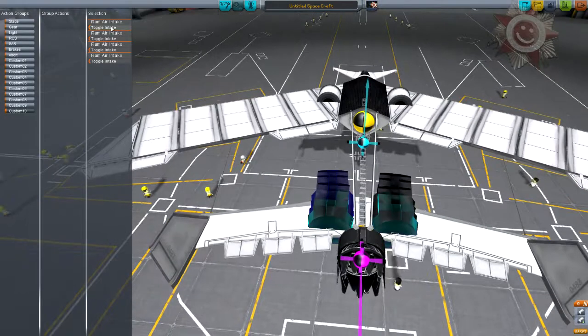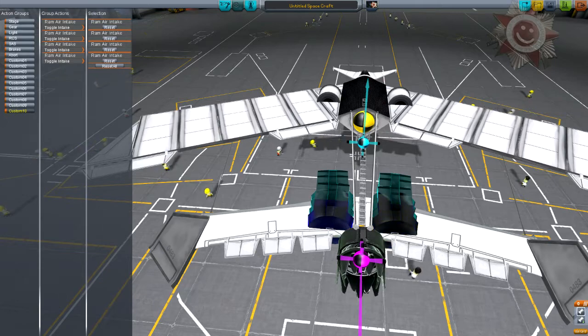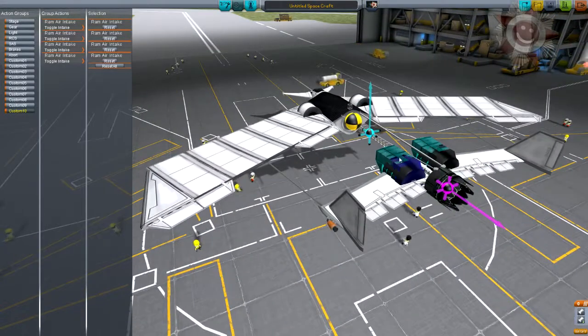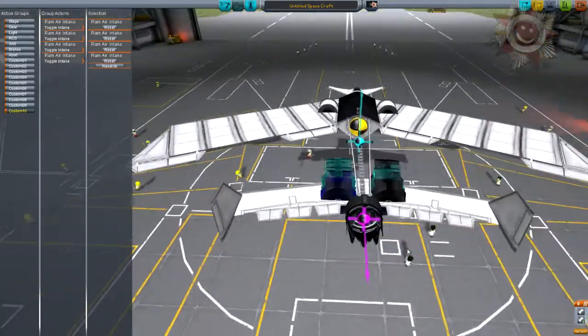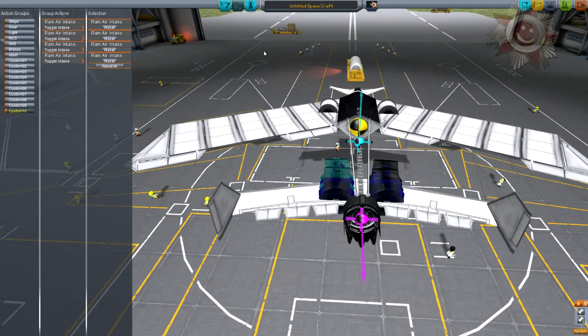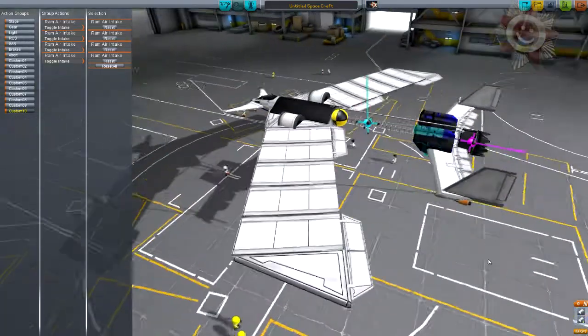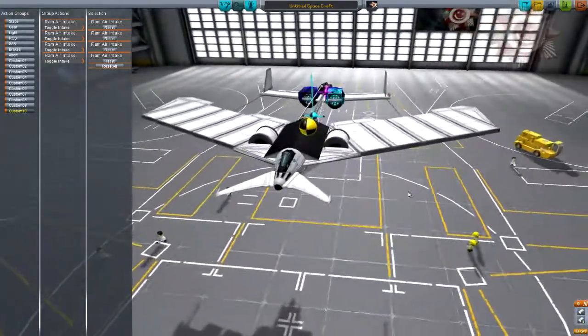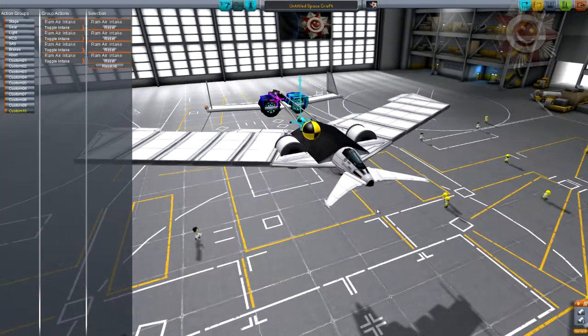When we are high up in the air and the jet engine doesn't work anymore, we can close the air intakes, so they won't produce any drag, and we can glide or coast more easily.